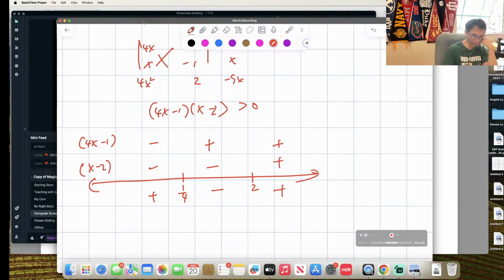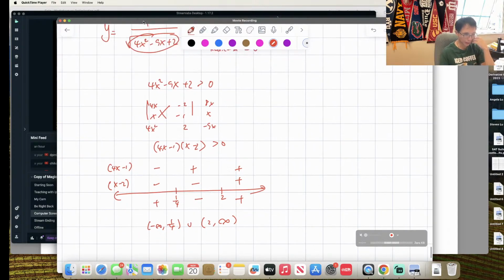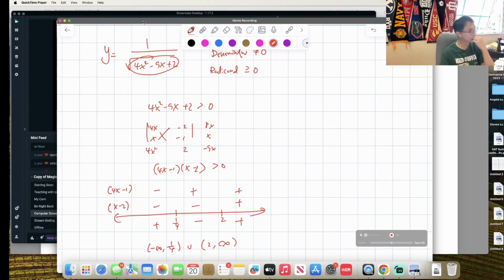It only happens from negative infinity to 1/4, union from 2 to infinity, and that's the answer. This is a good test question, by the way. But usually, if you just have a radical, it's going to be greater than or equal to. But in this case, it's not equal to 2 because 2 is going to be undefined.